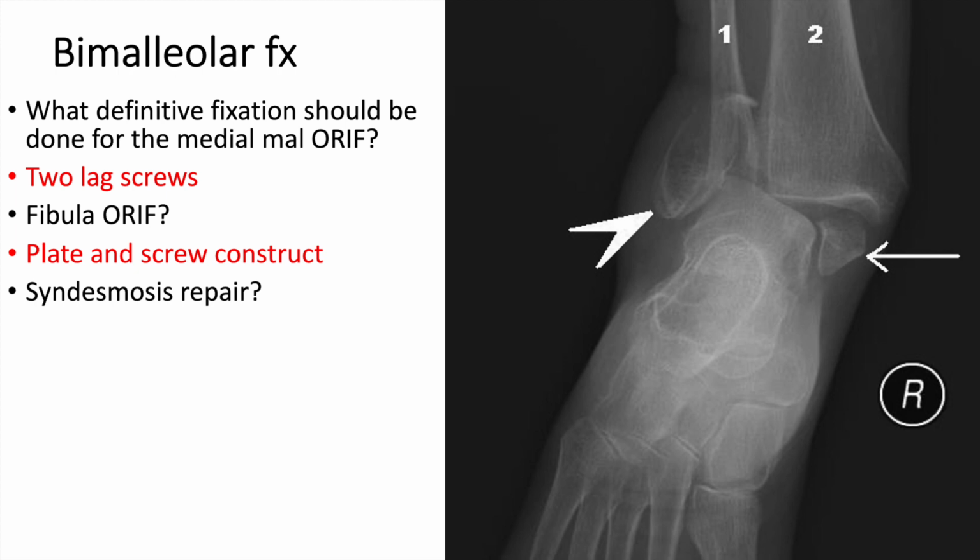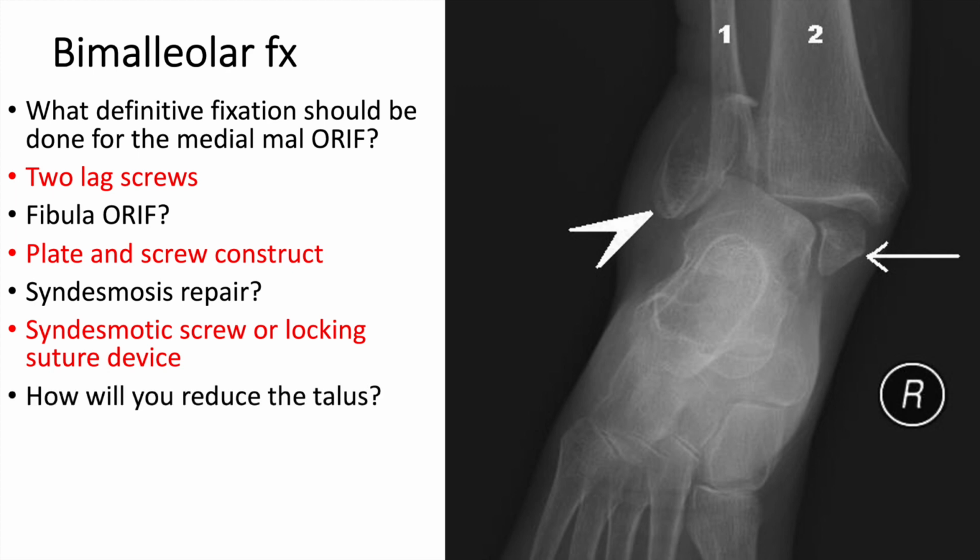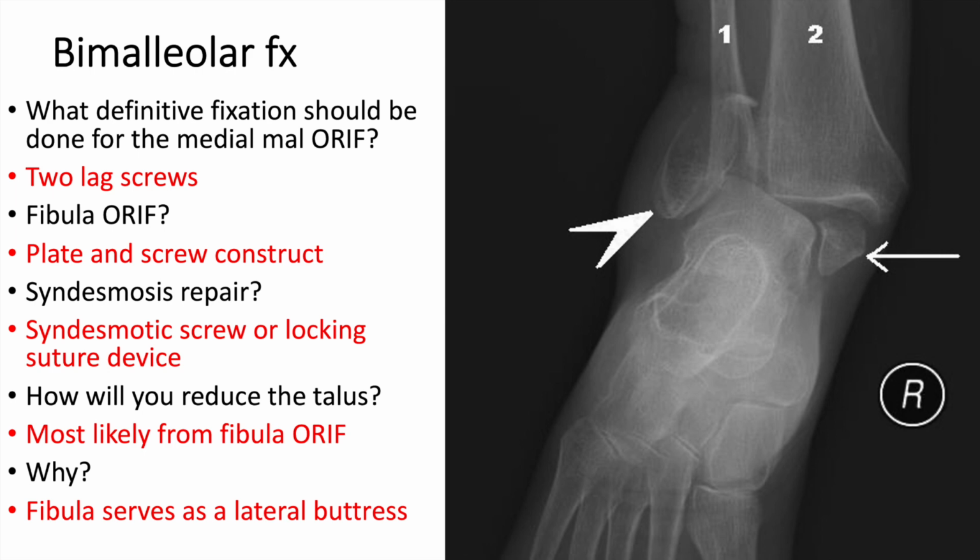You can do the syndesmotic screw or a locking suture device. And what did you guys want to do for the talus? Well, what'll happen is after you perform the lateral mal ORIF, the talus will become reduced by that. Why is that? That's because the fibula serves as a lateral buttress to the talus. So reduce the fibula or the lateral mal, you get the talus for free.